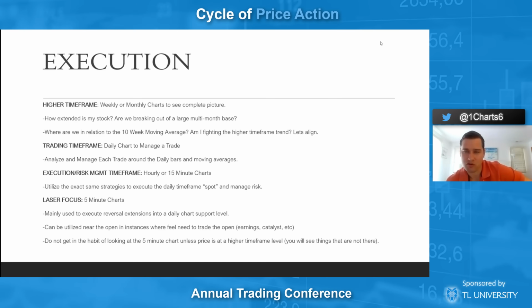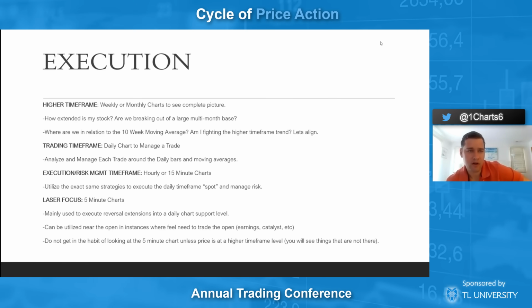And then from an execution or risk management perspective, I'm looking at the hourly or 15-minute chart. The reason I drill down into the hourly or the 15-minute is because I can get a trade on based on that time frame with tighter risk, which can allow me to increase my position size. So that's why I do that.